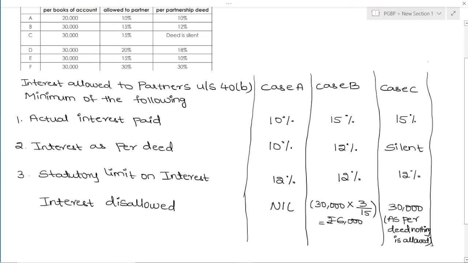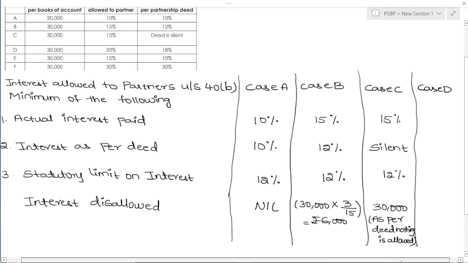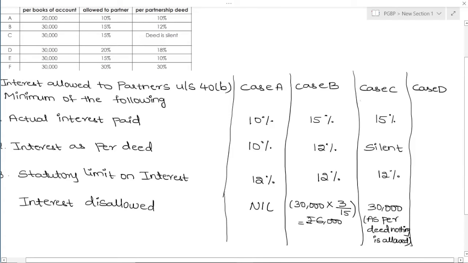Let's come to the D point. Everybody ready, I feel. D, what they said, 30,000 is the interest. Correct. Then 20%, so write down 20%. Then 18% as per the deed and 12% as per statutory limit.